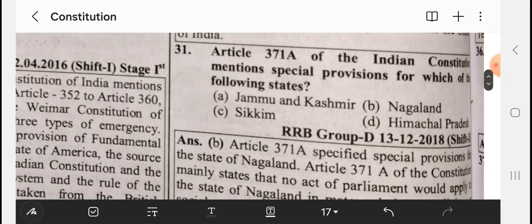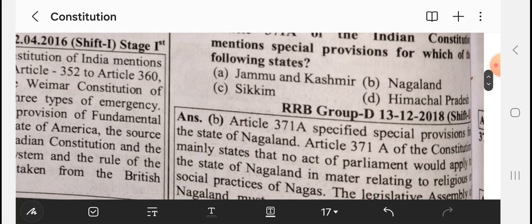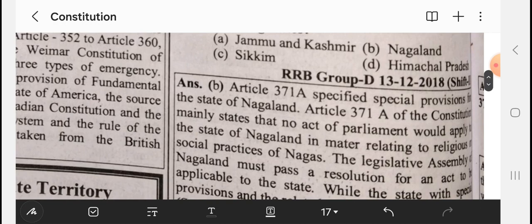Article 371 of the Indian Constitution mentions special provisions for which of the following states? It's Nagaland. Jammu Kashmir had special provisions in 370. 371A of the Constitution mainly states that no act of parliament would apply to the state of Nagaland in matters relating to religious and social practices of Nagas.